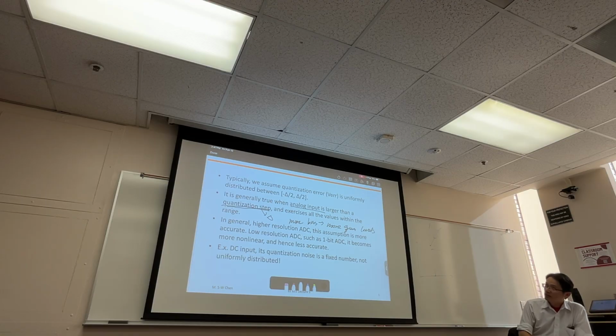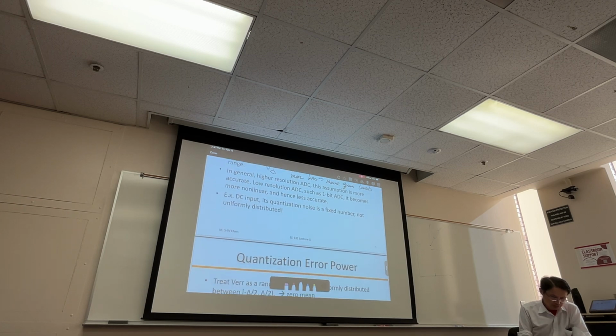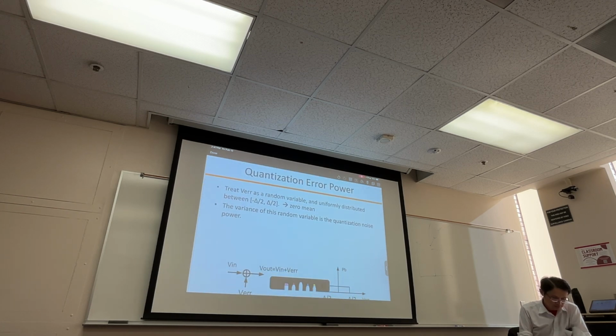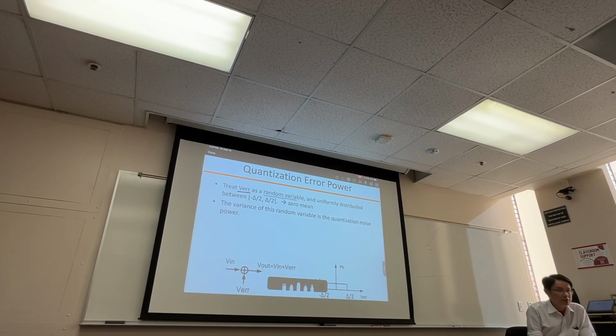Now that we understand how we define our quantization error as a uniformly distributed random variable, next we're going to compute the power. We define this quantization error as V error, and we treat it as a random variable.